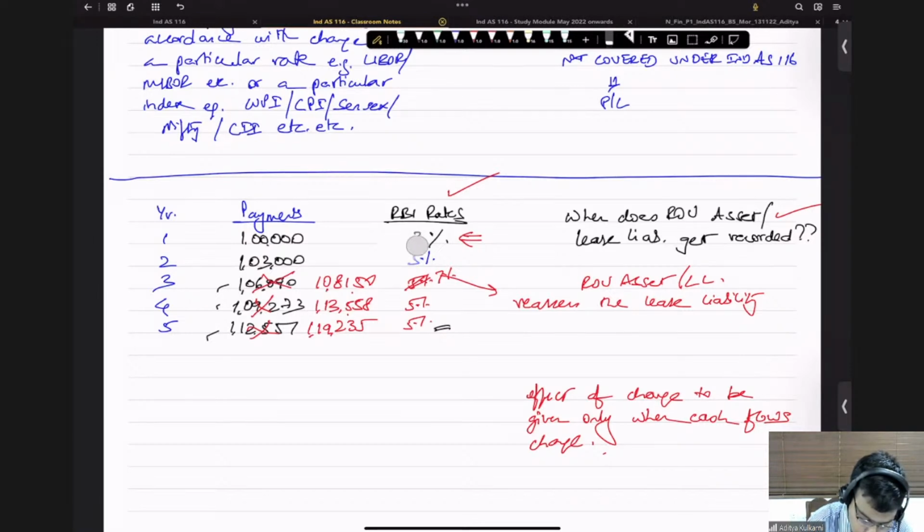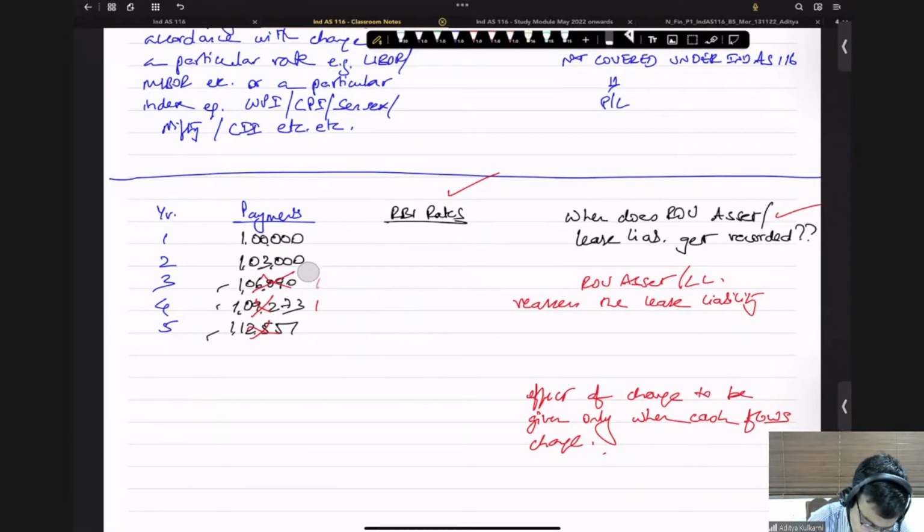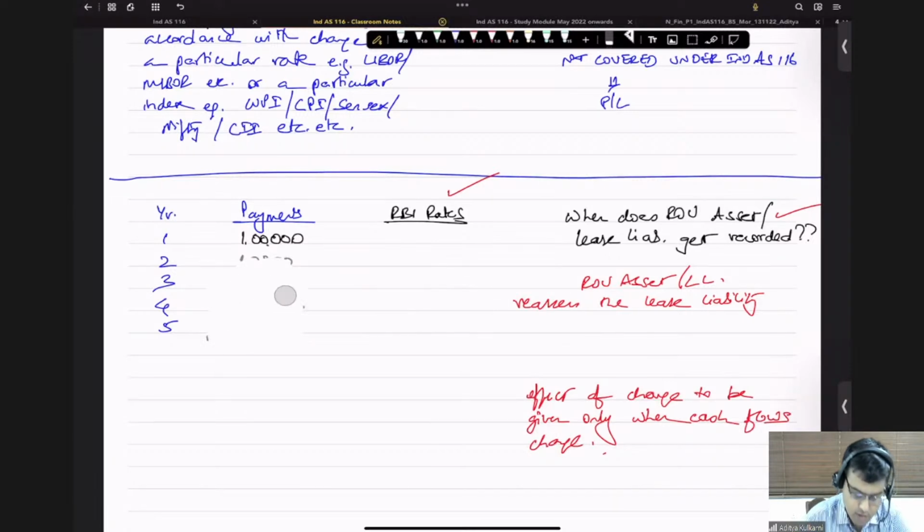Okay. So therefore, practically, how are these agreements structured? Practically, these agreements are structured as increase in lease payments. Variable lease payments means lease payments will increase in line with the LIBOR, MIBOR, whatever be the rate.